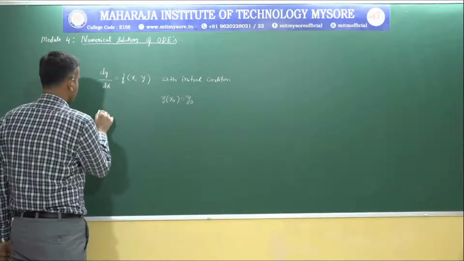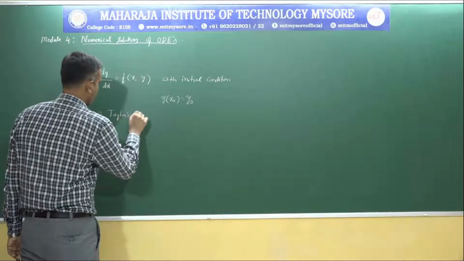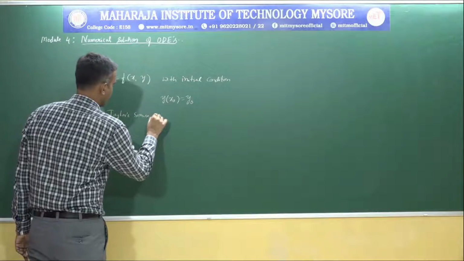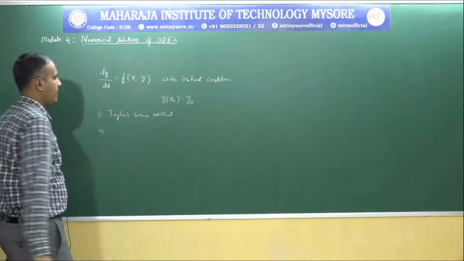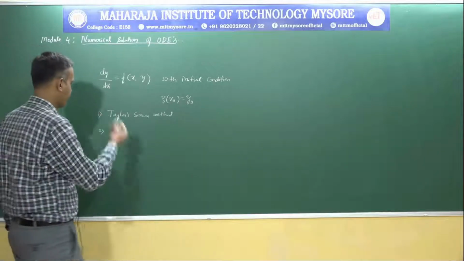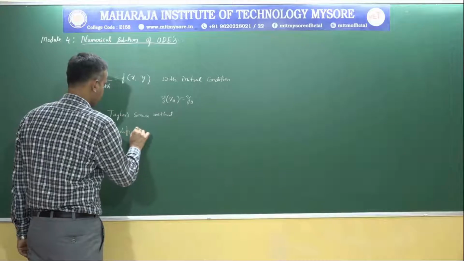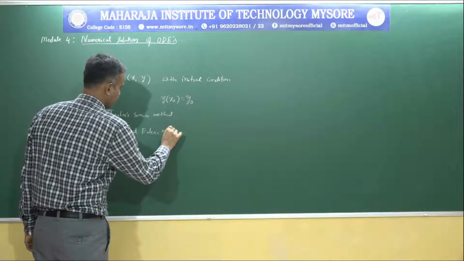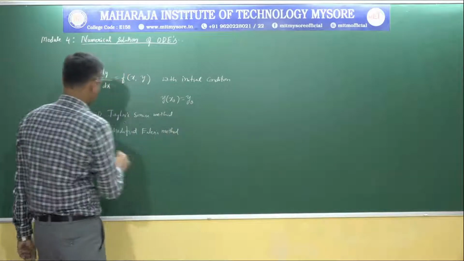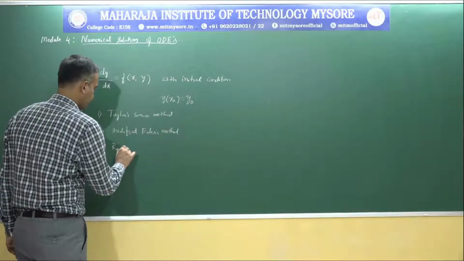We can solve by using the Taylor series method, first one. The next one, modified Euler's method. Next one, Runge-Kutta method.